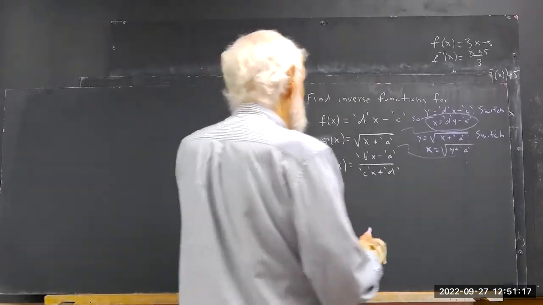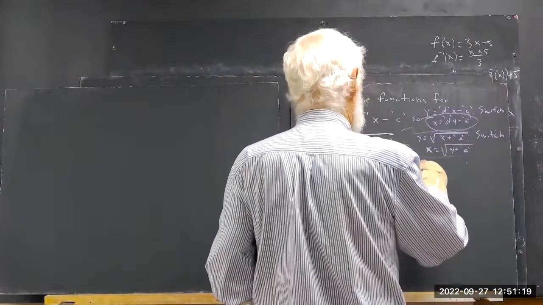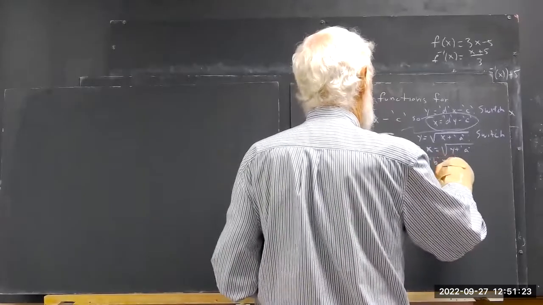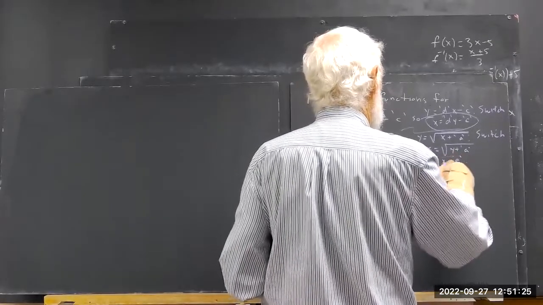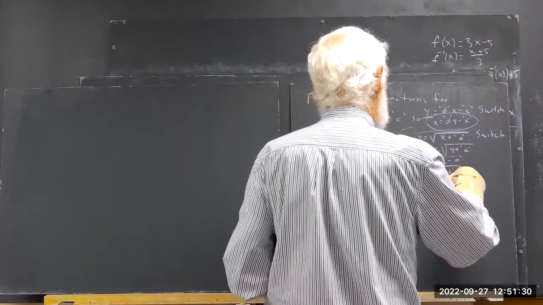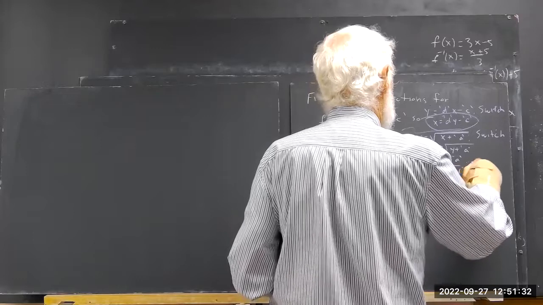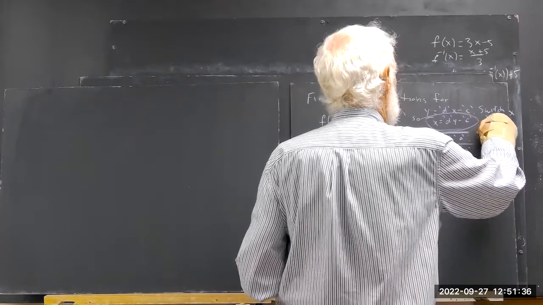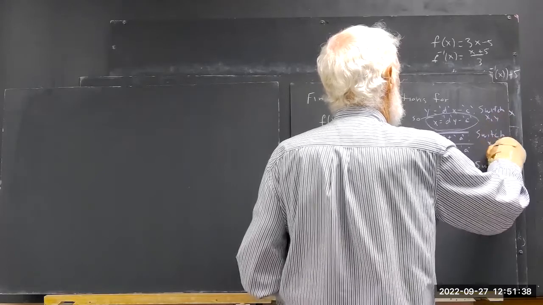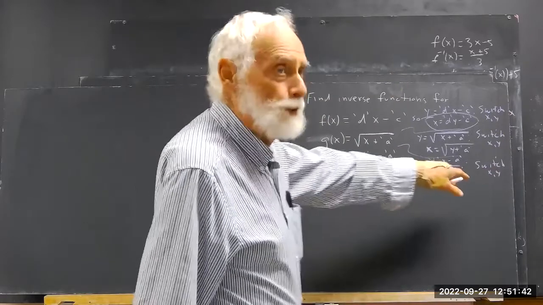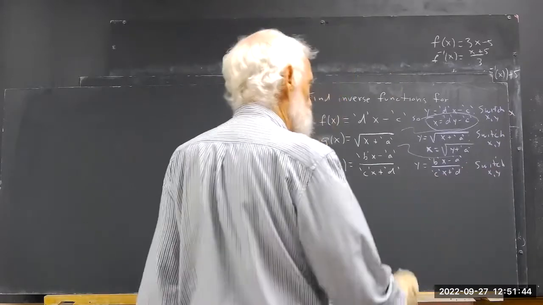Anyway, okay, here you're going to have y equals bx minus a over cx plus d. Complete it, so you switch x and y. You know what you switch.